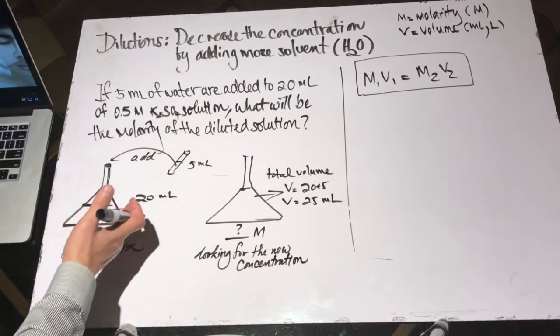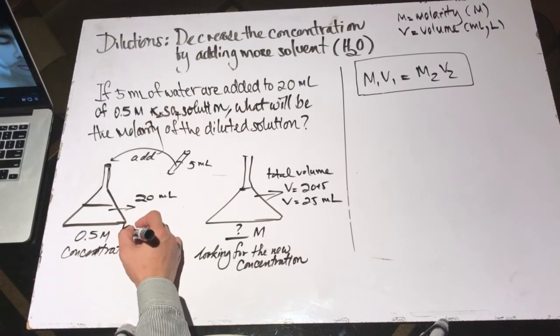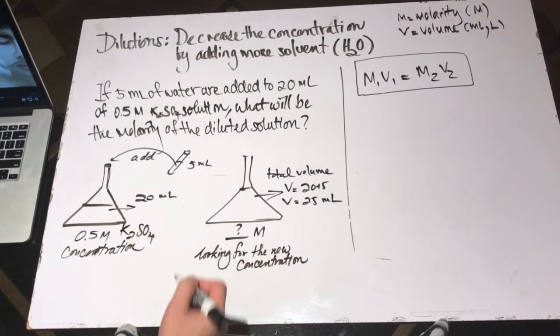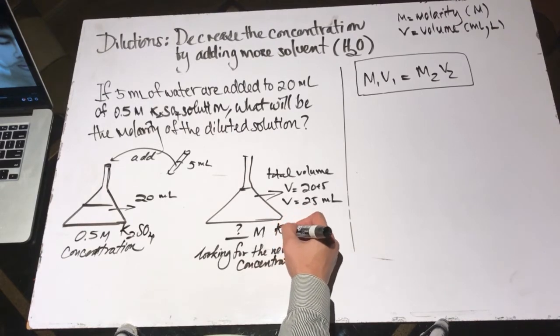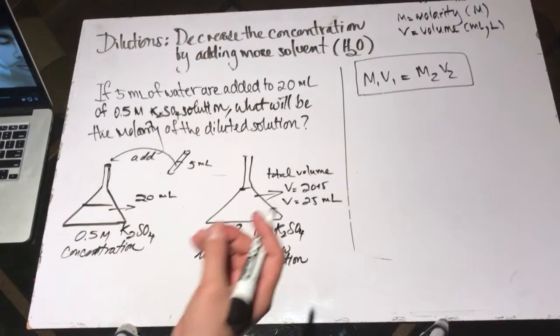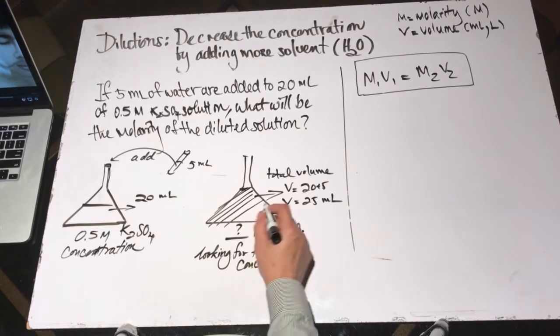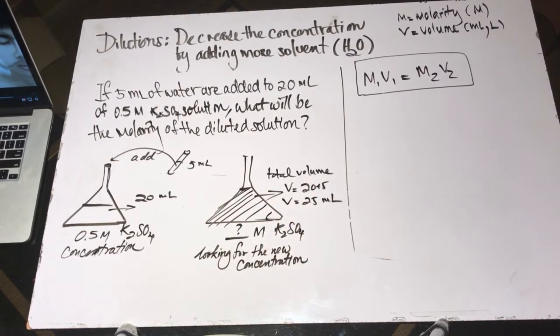This is the situation from the question: this is potassium sulfate, the same potassium sulfate. We want to know what would be the new concentration after the water is added. So basically now you have more water.